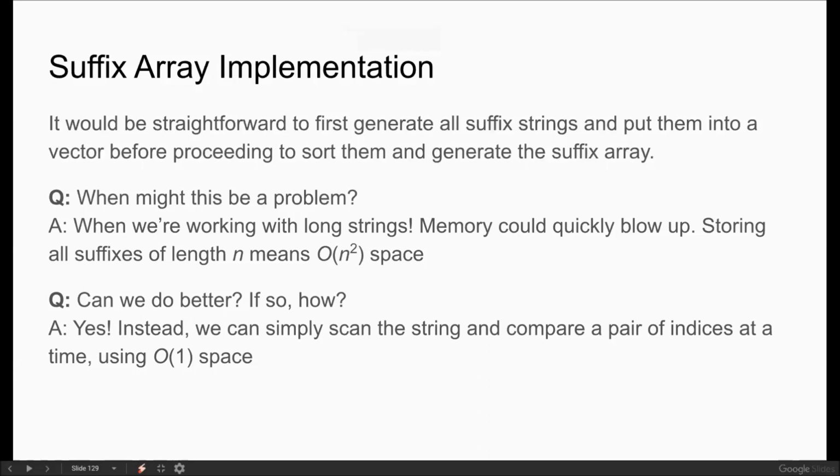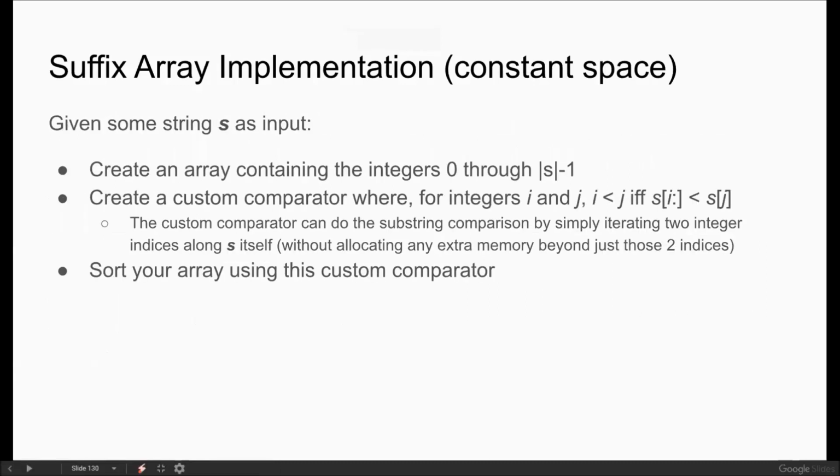So let's see what this looks like with pseudocode. Given some string s as the input, we can first create an array containing the integers 0 through the size of the string minus 1. Then we can create a custom comparator. Creating a custom comparator means creating a function that does your own custom comparison that you define.